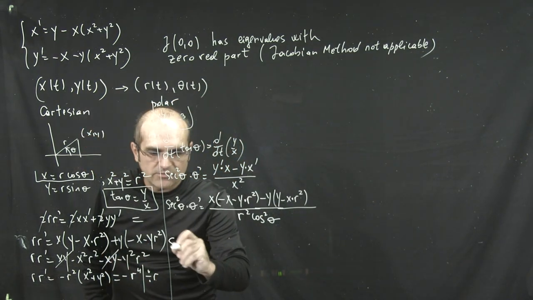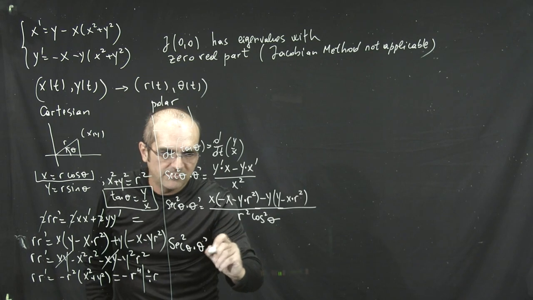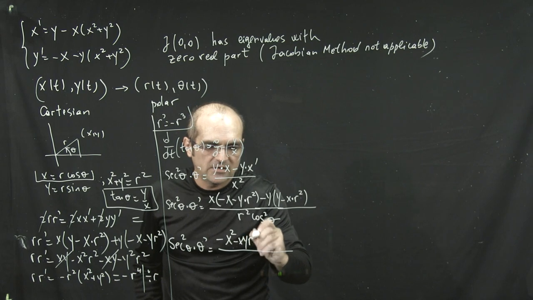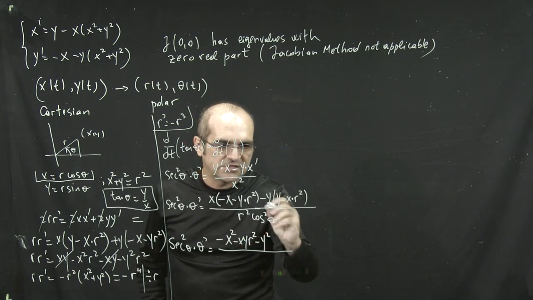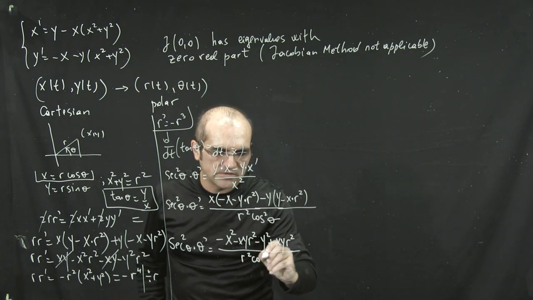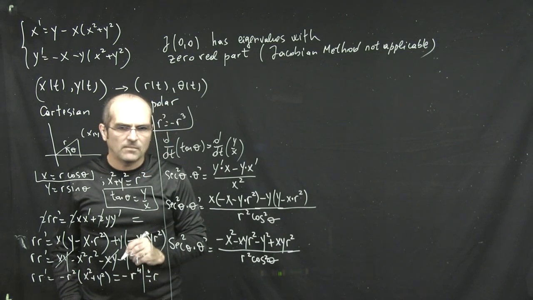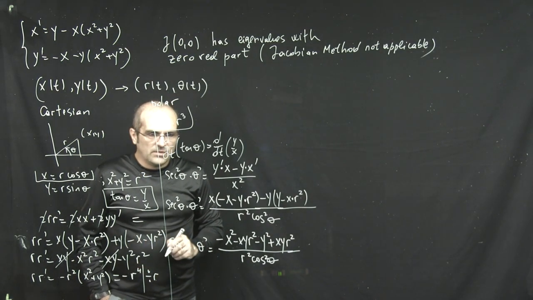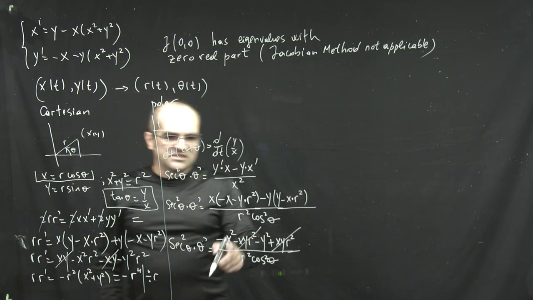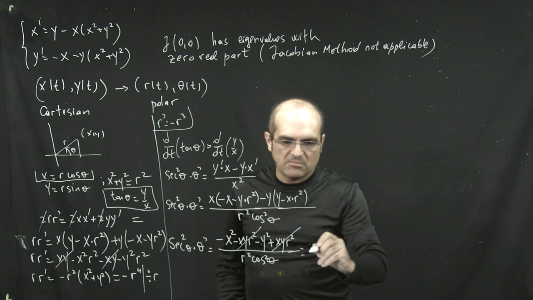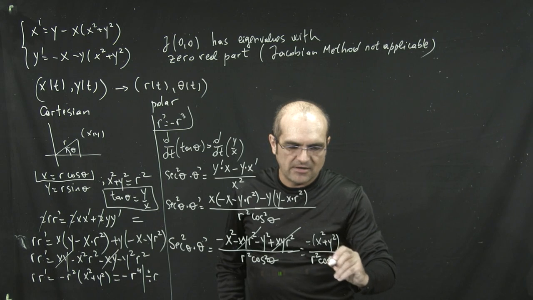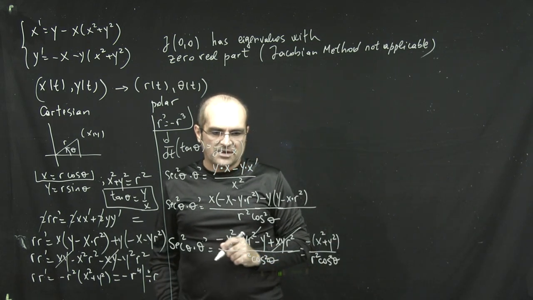All right, let's see what we have now. We have secant squared times theta prime. On the top is minus x squared minus xy r squared minus y squared plus xy r squared, over r squared cosine squared theta. We have the cancellation of xy r squared, and notice minus x squared minus y squared is actually minus the quantity x squared plus y squared, which again can be replaced by r squared.